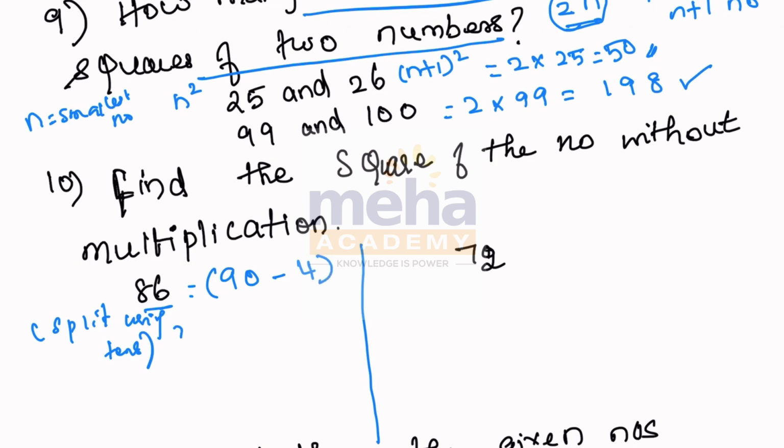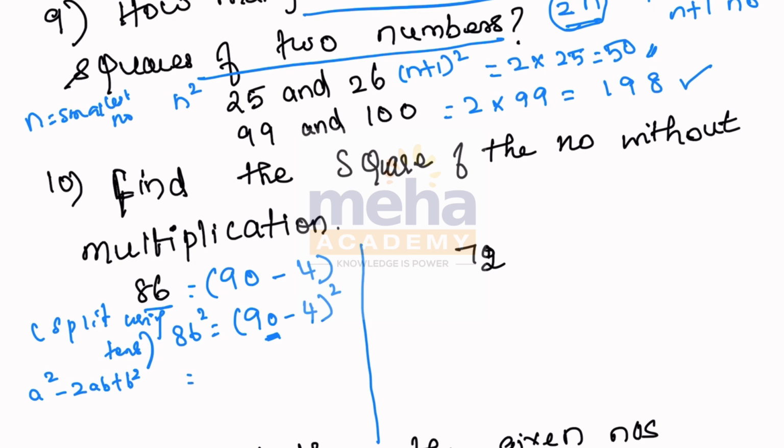To find the square, 86 square is equal to 90 minus 4 the whole square. Why 90? Because I have this 10, so it is easy to multiply. So how will I solve? It is the a minus b whole square formula, a square minus 2ab plus b square, which we have learnt in the factorization or algebraic expressions chapter.